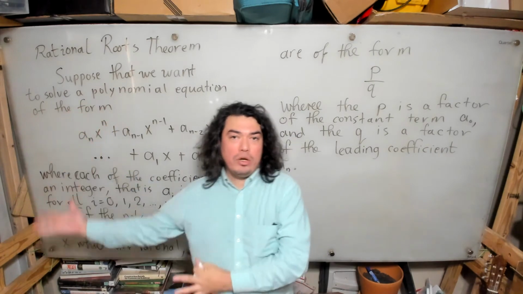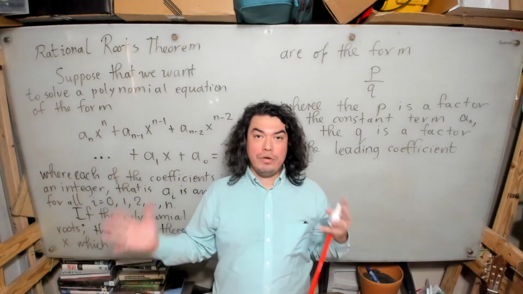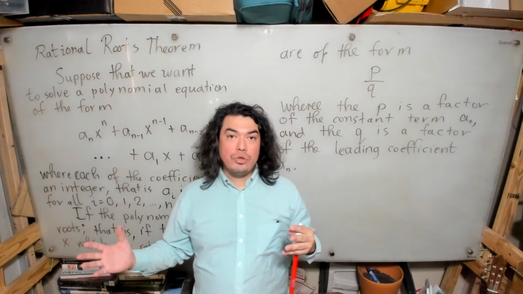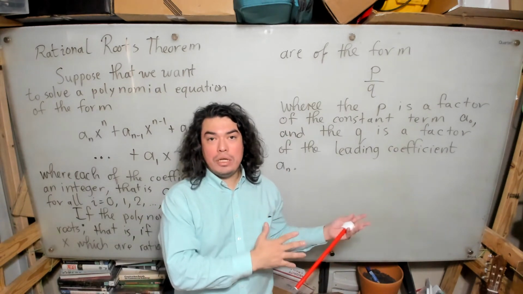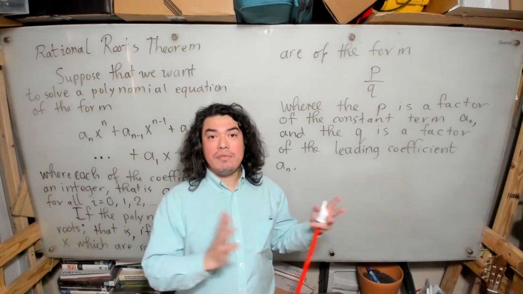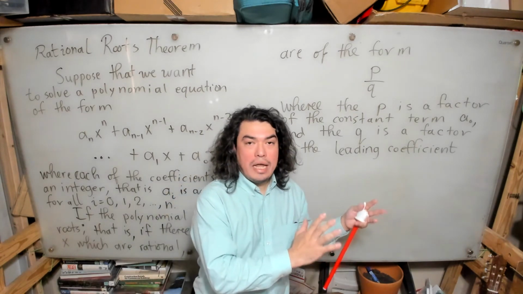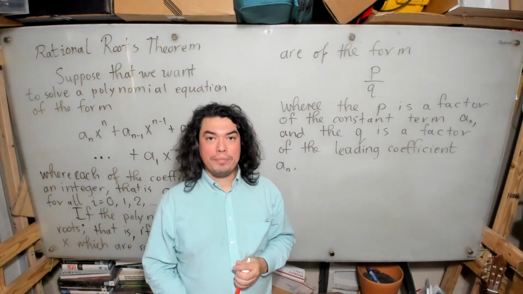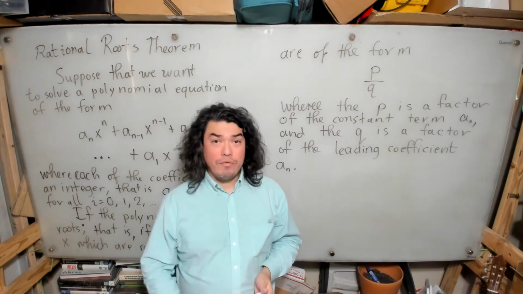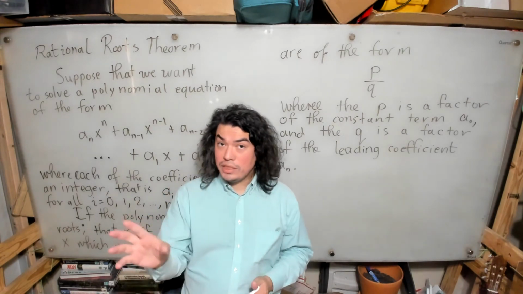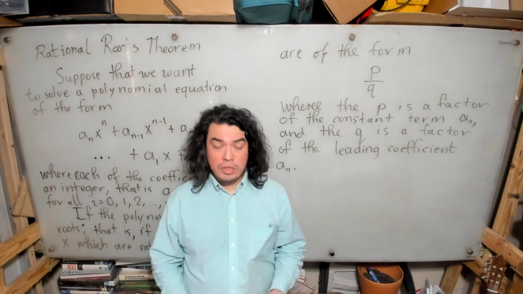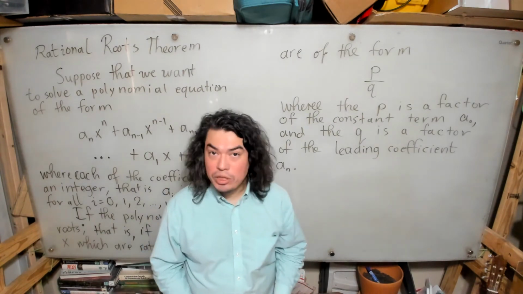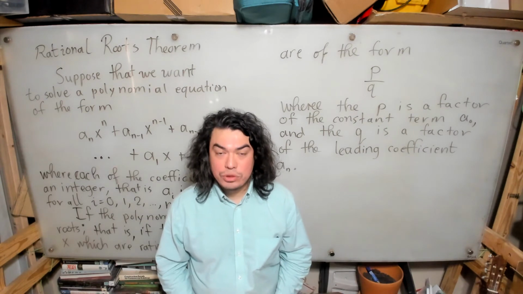We went from a polynomial where there's no general technique to solve to a list of nice candidates for roots of that polynomial. Okay? Of course, this theorem does not say that the polynomial has any real roots at all. It's possible that the polynomial may only have complex roots.